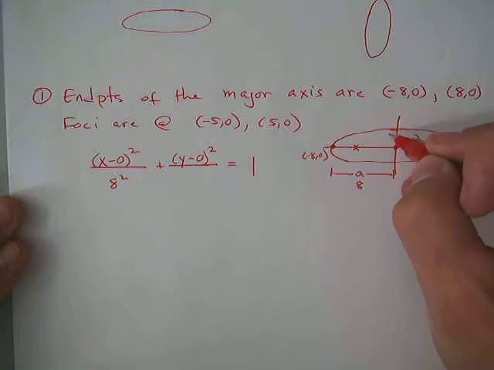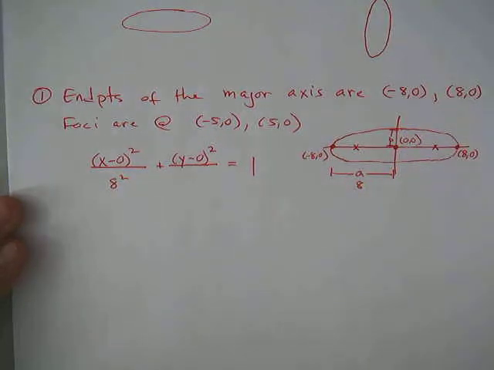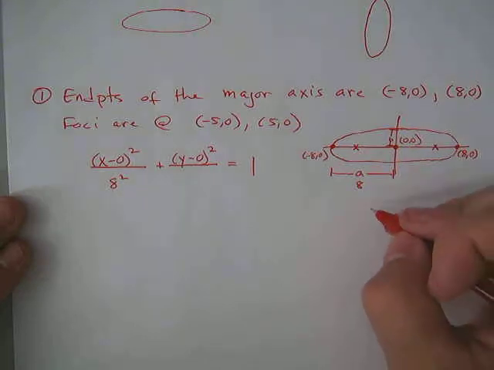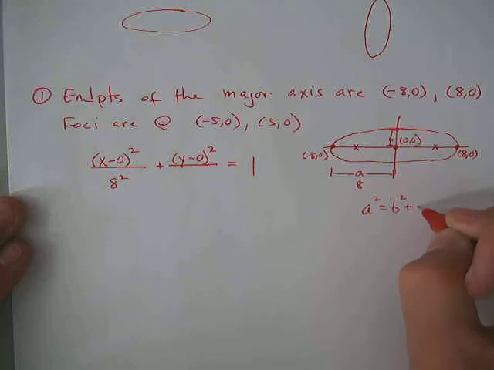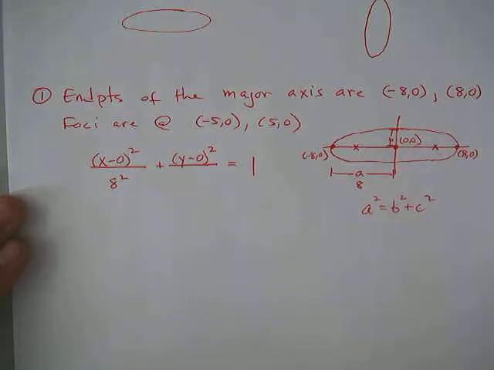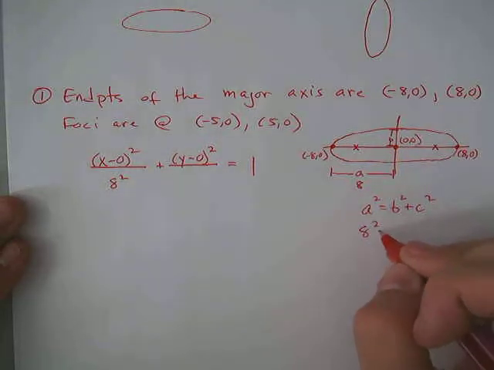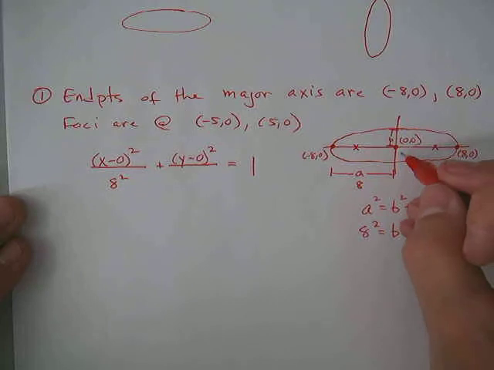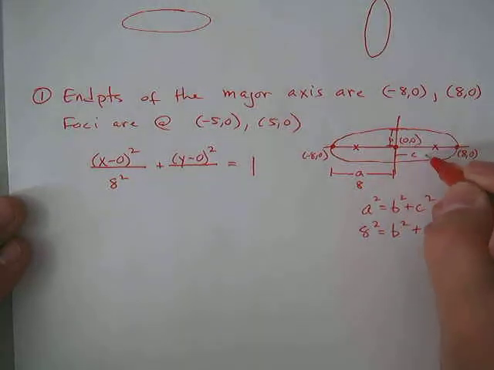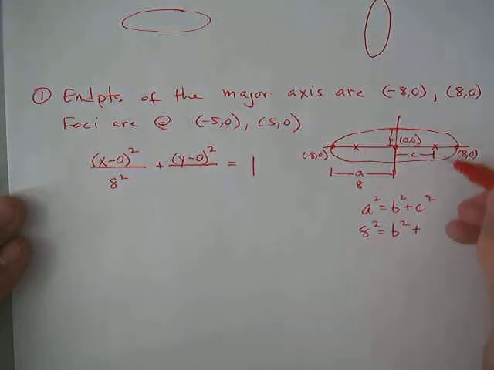Now, the b is the length of half the minor axis, so that's this distance. Now, remember I gave you an equation yesterday that would help us figure that out, and that's that a squared equals b squared plus c squared. Well, a we know, a is 8, b we don't know, and c, remember, is this distance from the center out to a focal point.